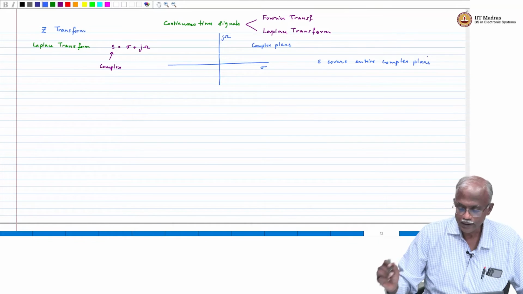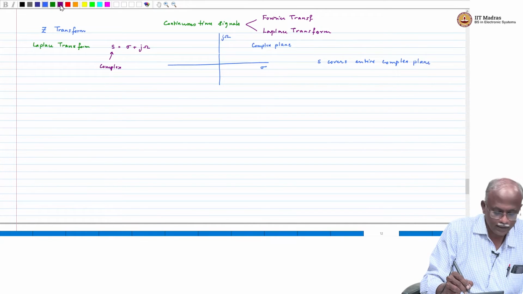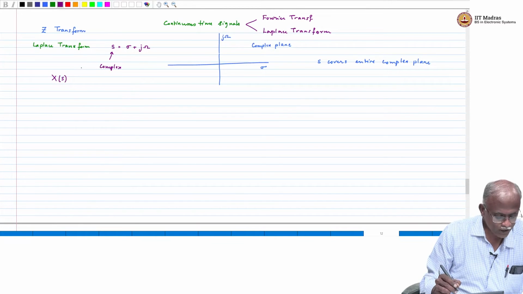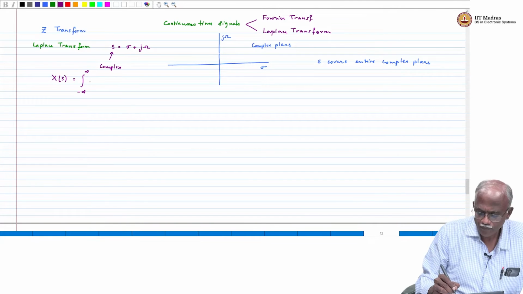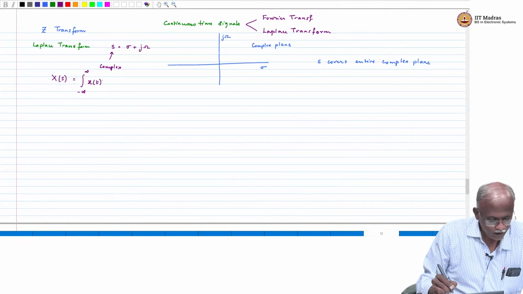Now let us look at the Laplace transform definition. The Laplace transform of a function x of t is given by x of s, which is the integral from minus infinity to infinity of x of t e power minus st dt.